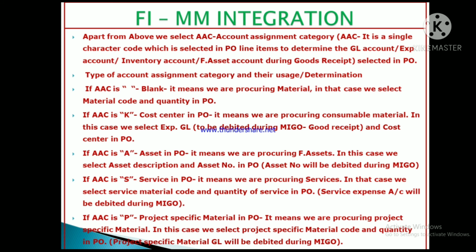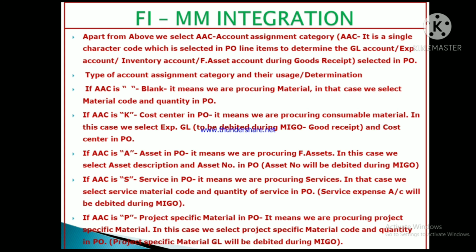And next, if AAC is P, P means project specific material in a PO. So it means we are going to procure the project specific material. In that case, we select the project specific material code and quantity in a PO, and the project specific material GL will be debited during MIGO.